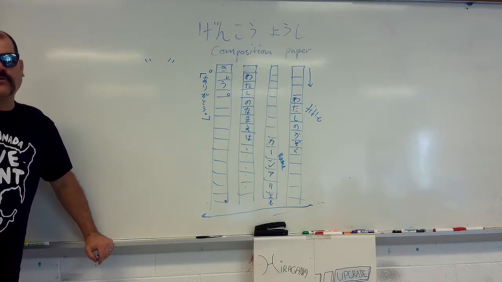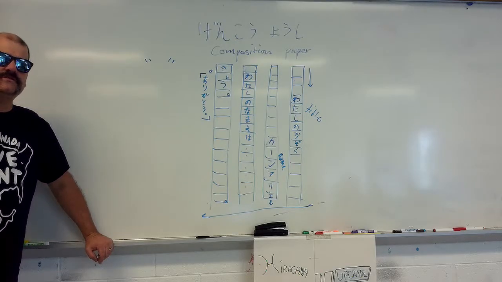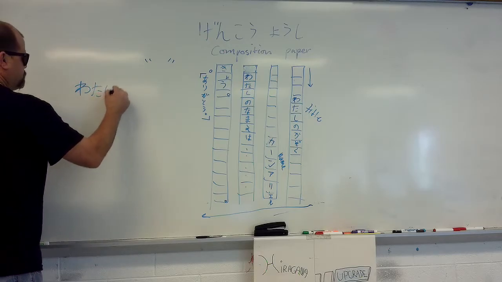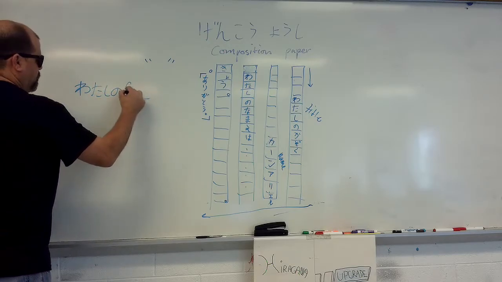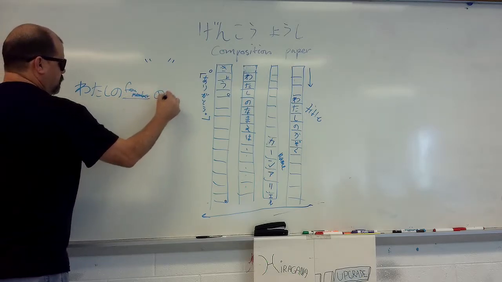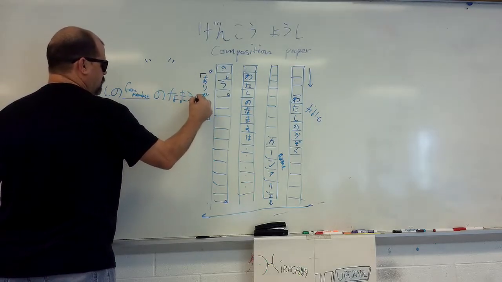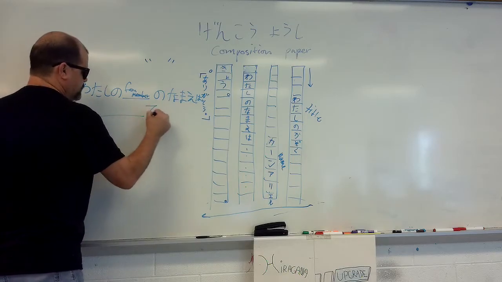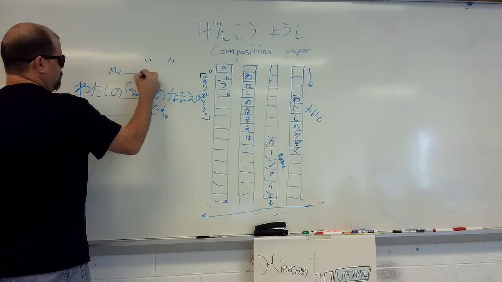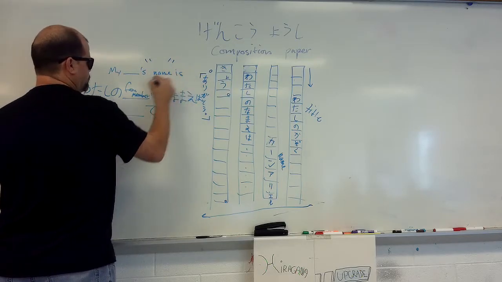Okay, so what do I want you to write? Again, for each family member, 2 sentences. So, watashi no family member no namae wa blank desu. Okay? So something like my father's name is blank, right?